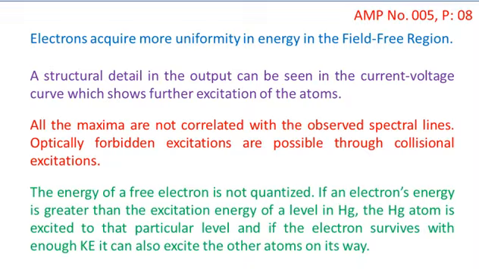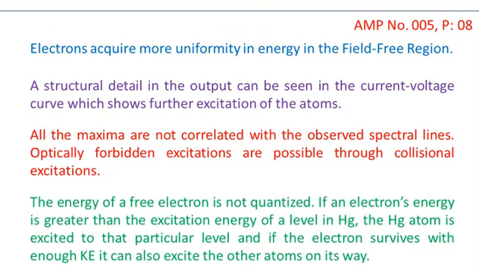Now let me explain something about this experiment in terms of the paragraphs. Electrons acquire more uniformity in energy in the field free region compared to the previous two experimental setups. A structural detail in the output can be seen in the current voltage curve, which shows a further excitation of the atoms.